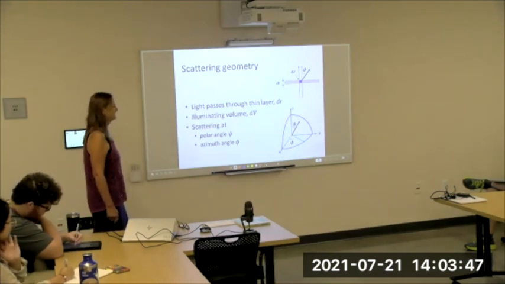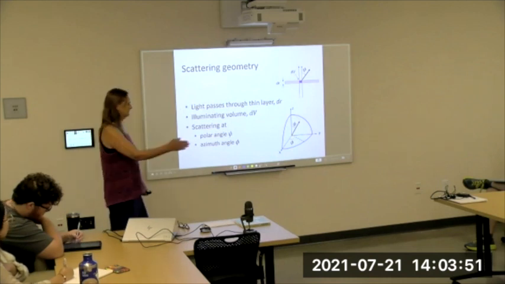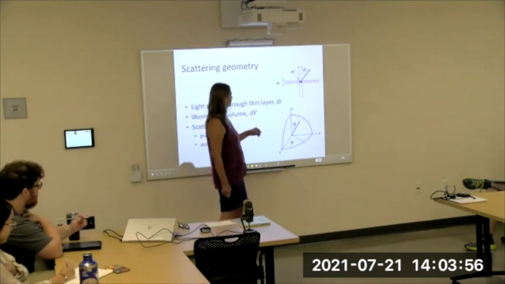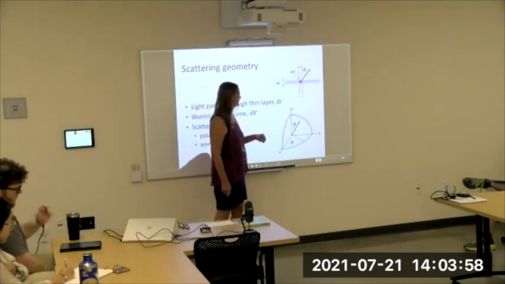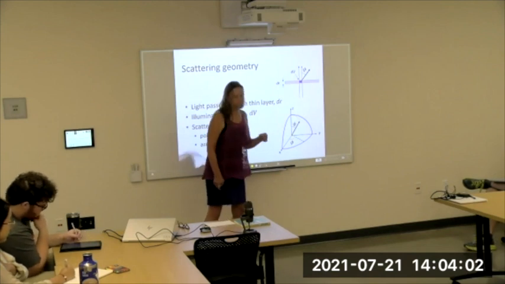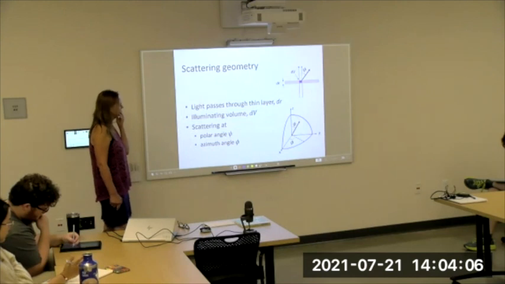So the azimuth angle is the angle between the X and Y, and the polar angle is the angle between the Z and the XY plane.